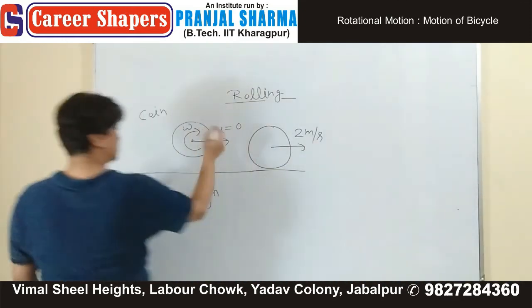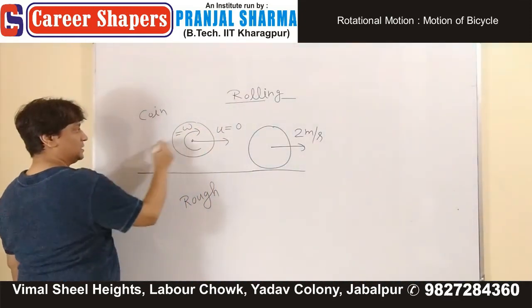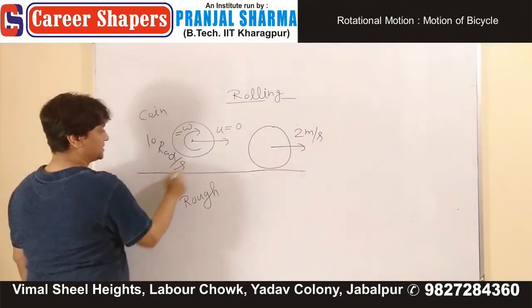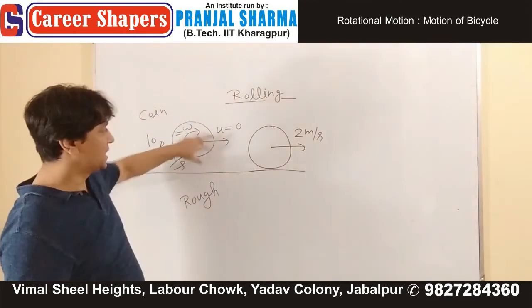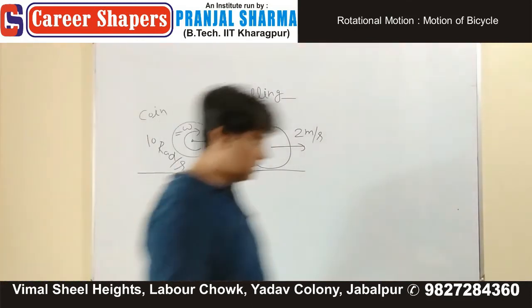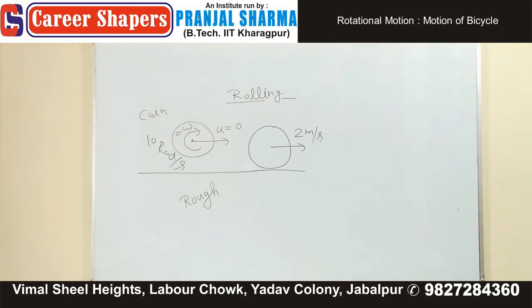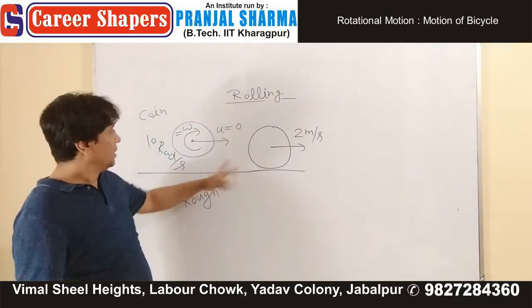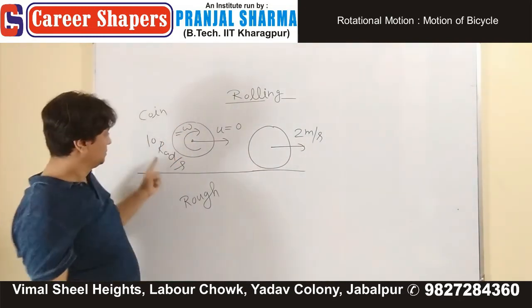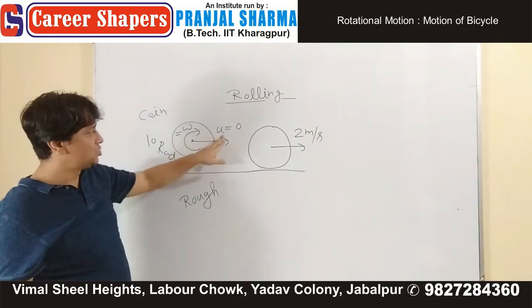Say omega was some 10 radians per second, and initially this coin has no speed. It is above the ground. This is the coin, you gave it rotational motion 10 radians per second, it has no initial speed.